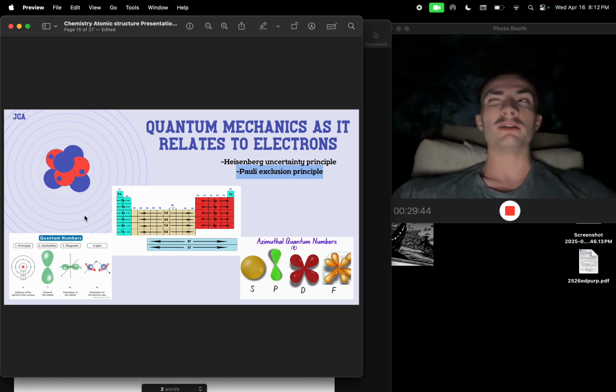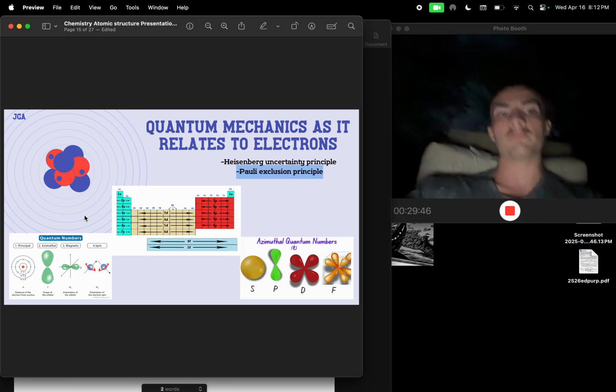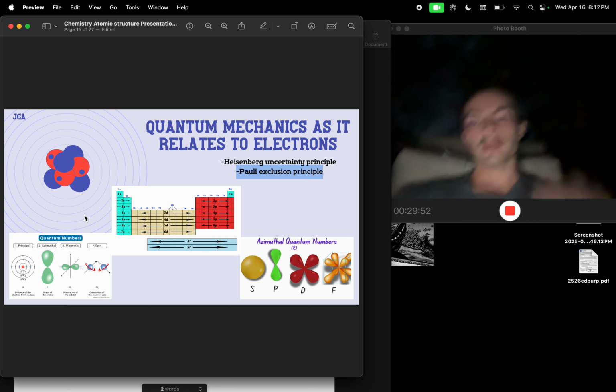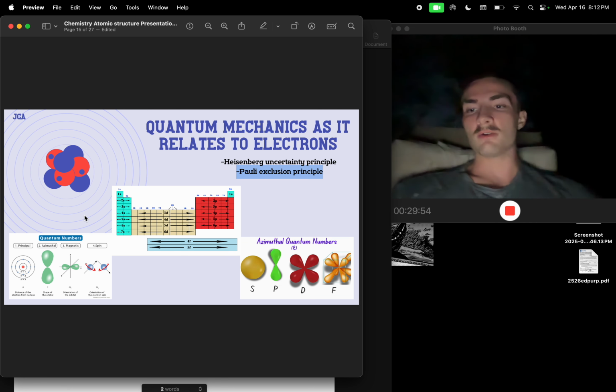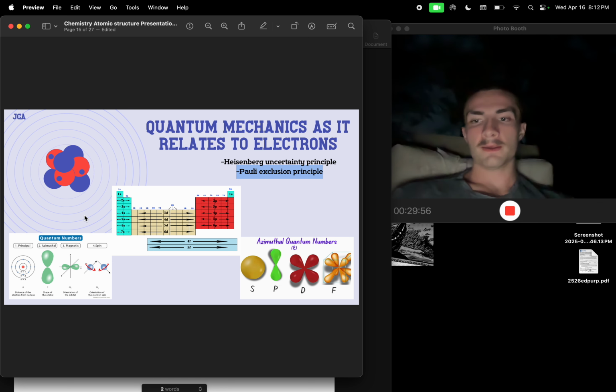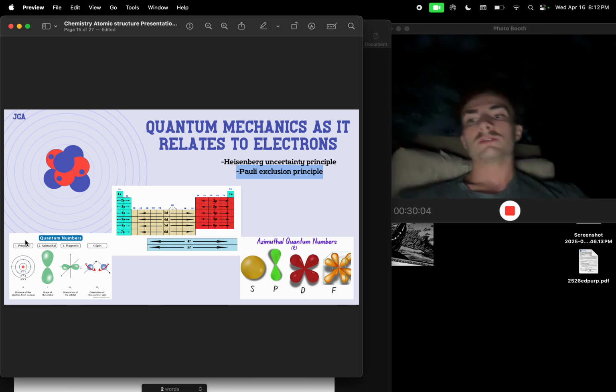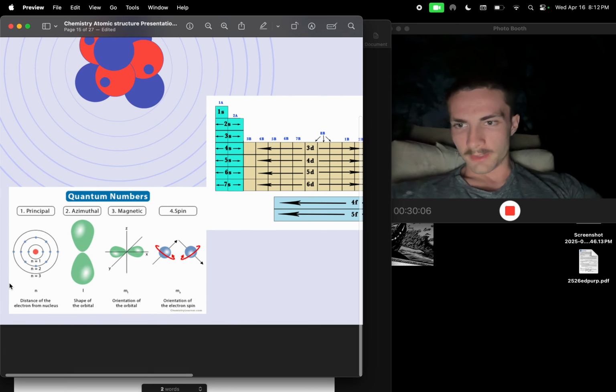So each electron in an atom is, by conclusion, doing something different. No two are completely identical in the way that they move. I guess in the way they're made up, they're identical, but not in how they're moving. So the four quantum numbers are principal, angular momentum, I don't know why it says this, magnetic, and spin. So principal, let me zoom in.